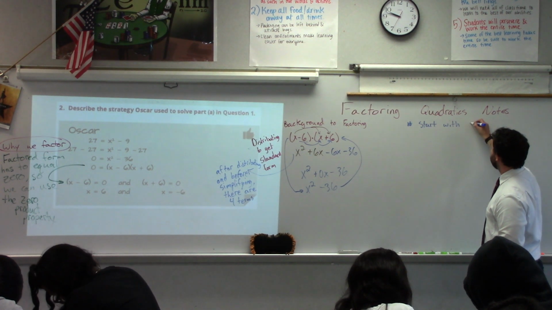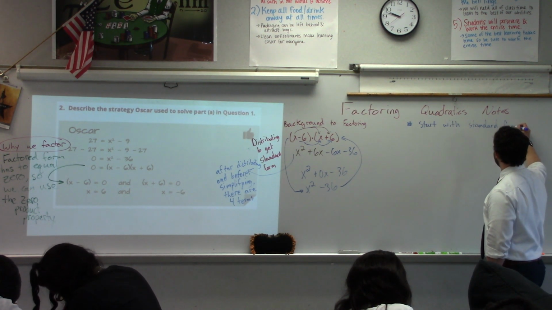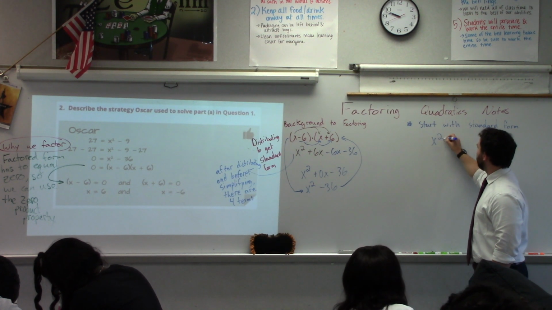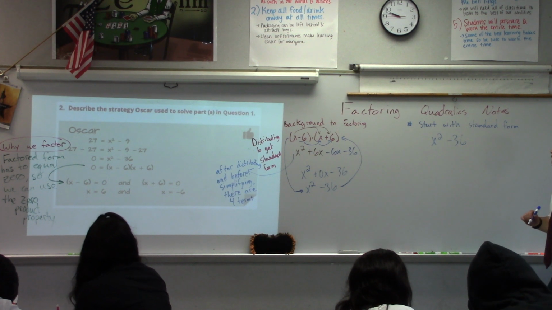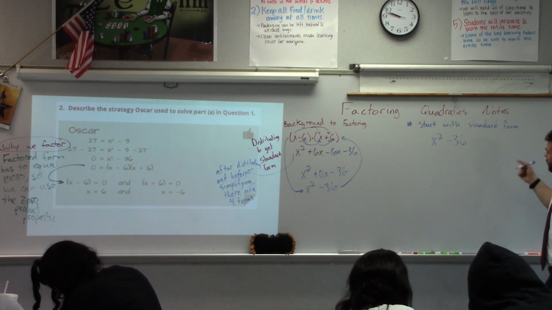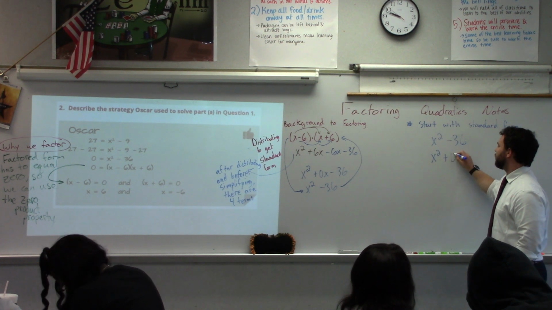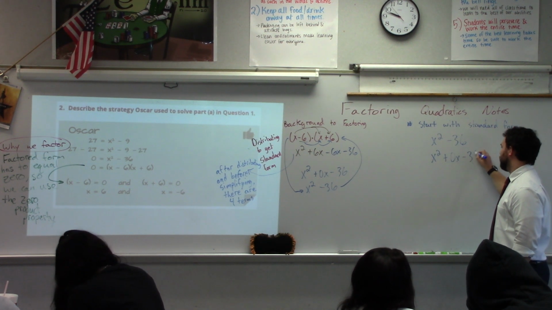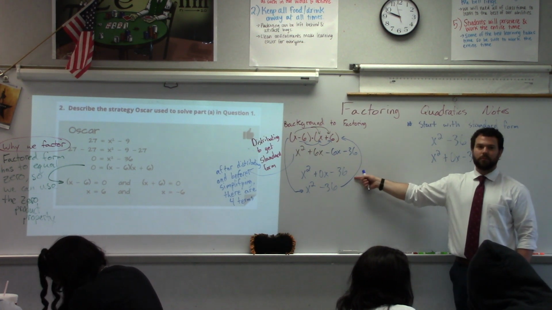Start with standard form. And so this is x squared minus 36. But I want the true standard form, because this does matter in a second. So I'm going to write this one at least as x squared plus 0x minus 36. Notice literally it just went backwards.